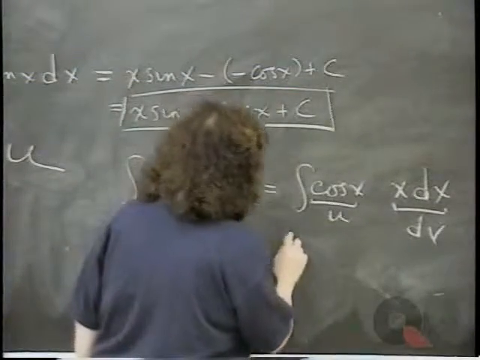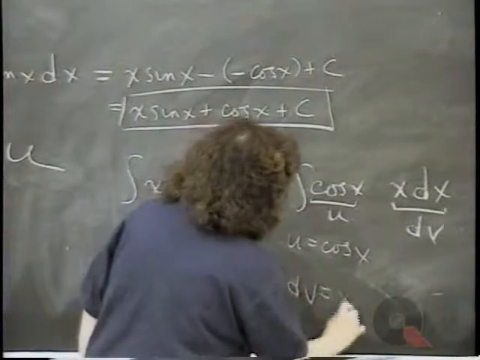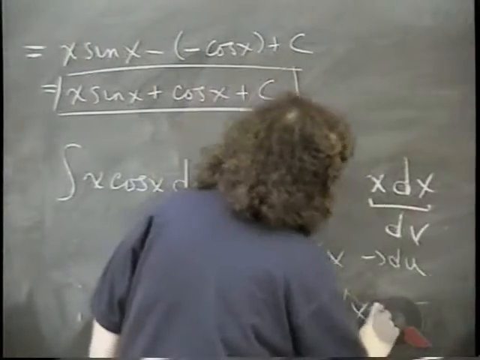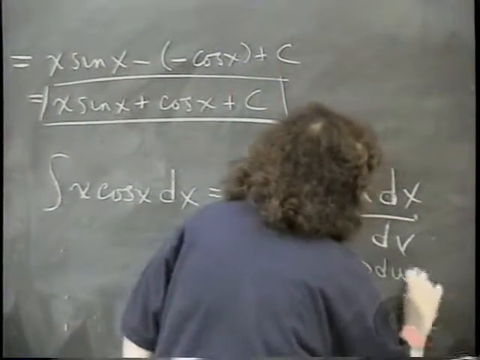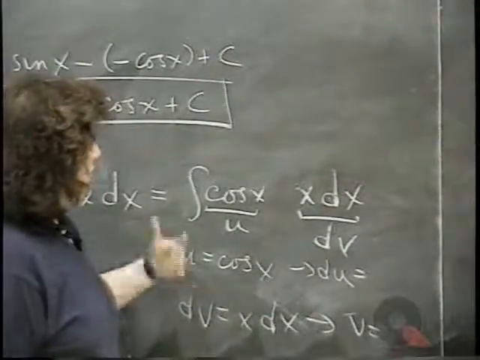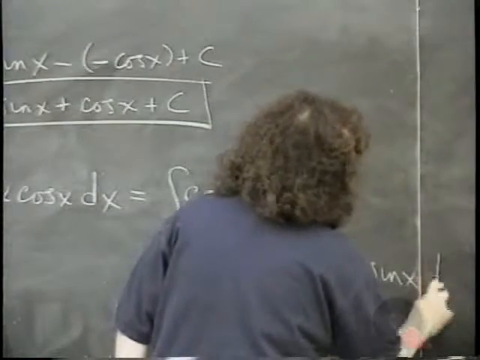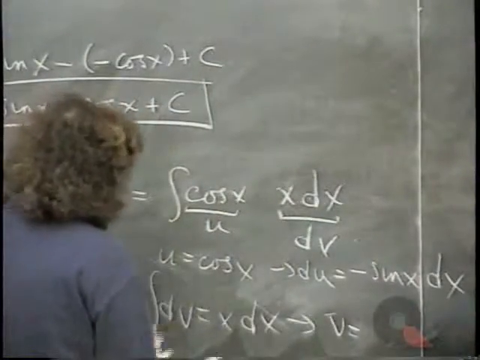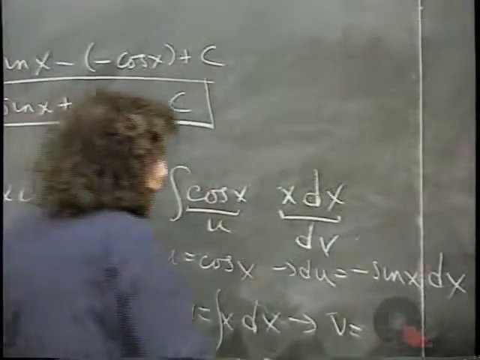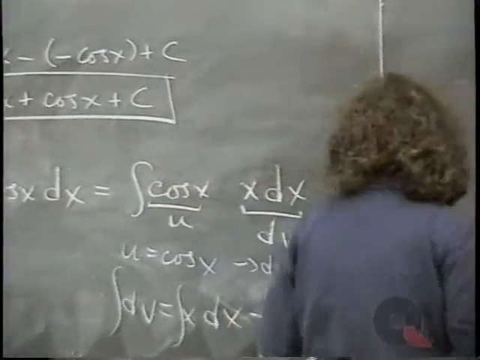Now, if we do that, we can still differentiate to get du. We can still integrate to get v. Let's see what happens. The derivative of cosine x with respect to x is minus sine x, so du would be minus sine x dx. And here, integrating both sides, v would be the integral of x dx, which would be x squared over 2 plus a constant which we will temporarily ignore.